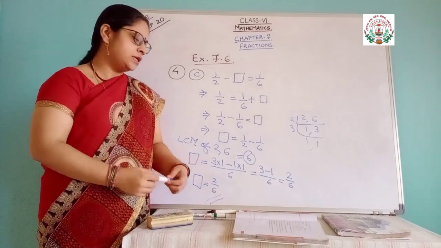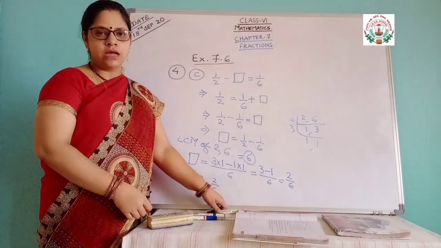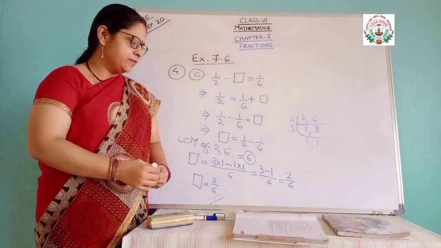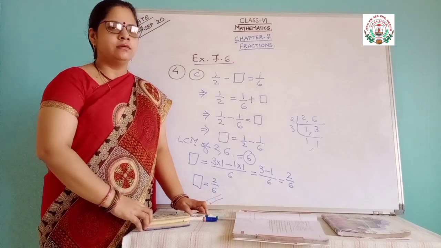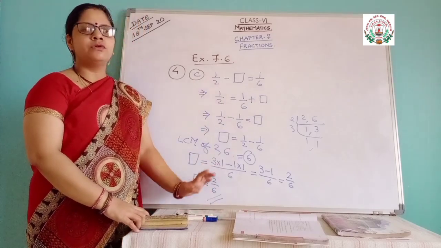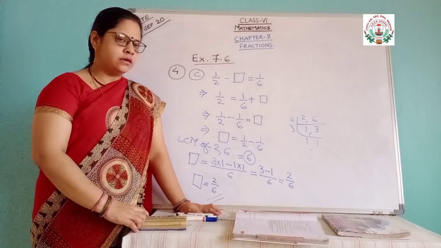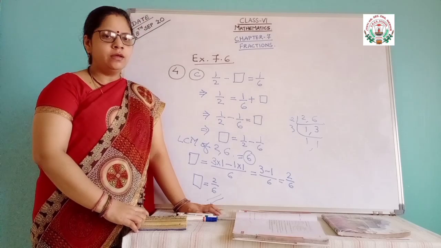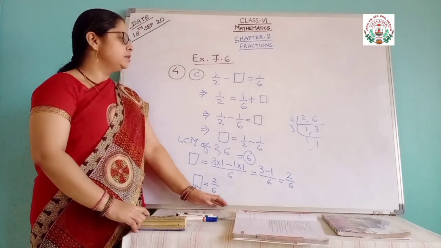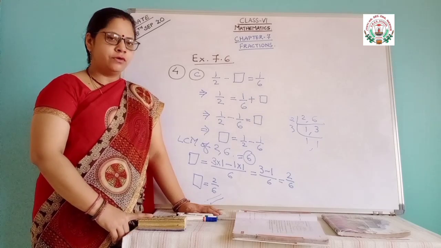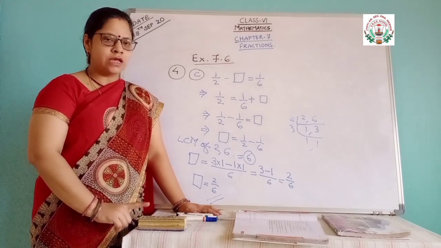So my dear children, try to practice it again and again. Along with this video of question number 4 which you are watching on Friday, on the 18th you will be getting your PDF also, full of chapter 7.